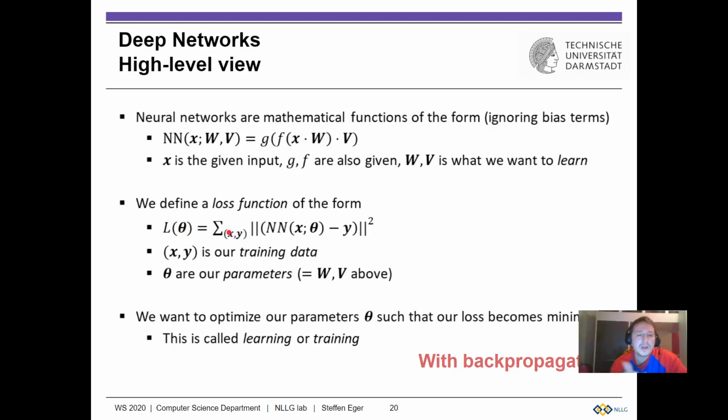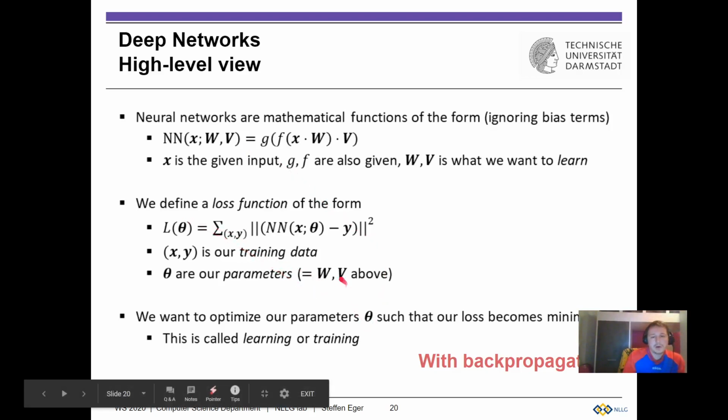And the higher the loss, the worse, right? We want low loss. Ideally, we want zero loss, right? And those theta here, that's what machine learning people call the parameters. And in neural network terms, these are just W and V in our two-layer neural network from above. And now what we want to do is we want to optimize our parameters theta, our weight matrices, such that our loss becomes minimized.